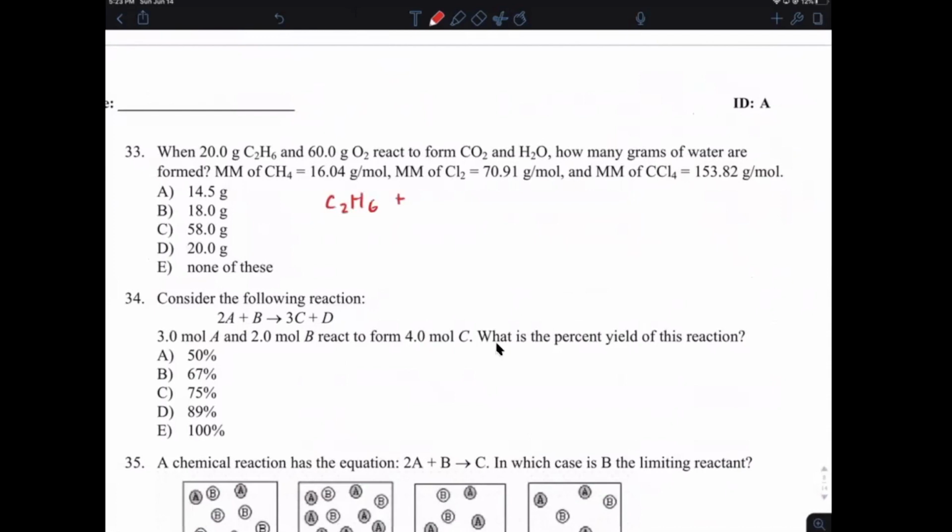C2H6 plus O2 gives us CO2 and water. So that's what it tells us, right? We put in this much of this and we get CO2 and water.